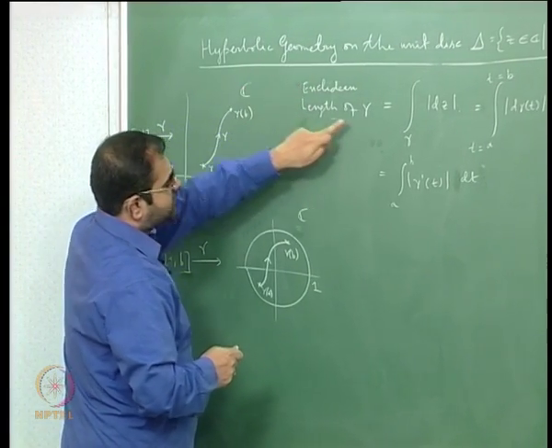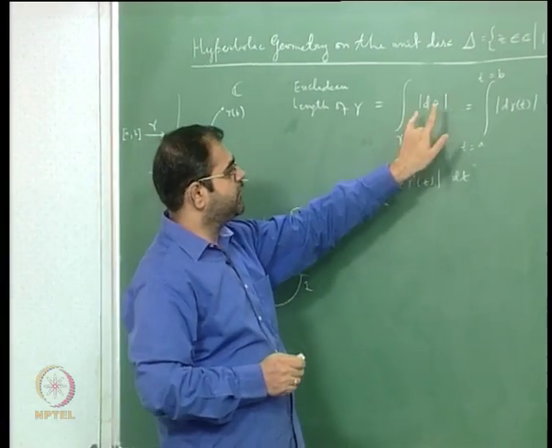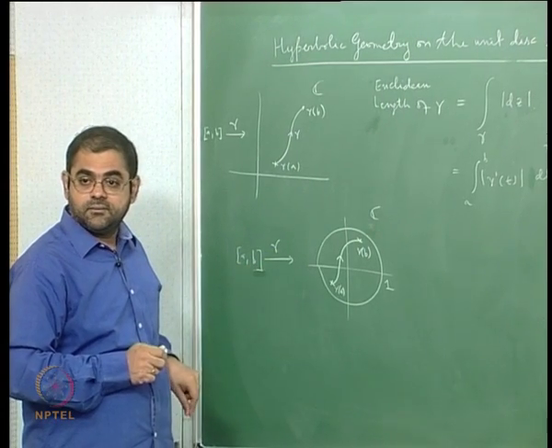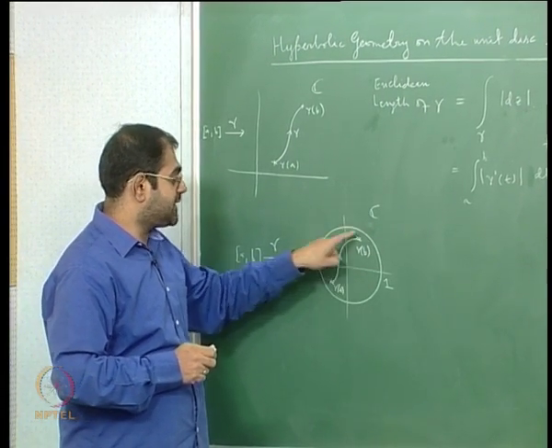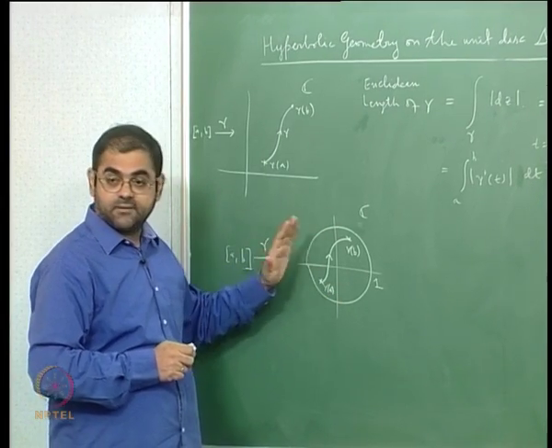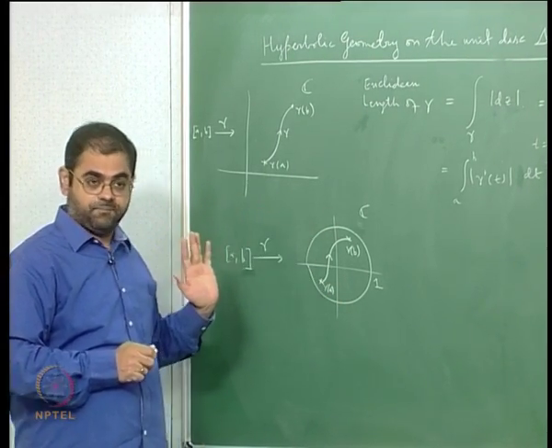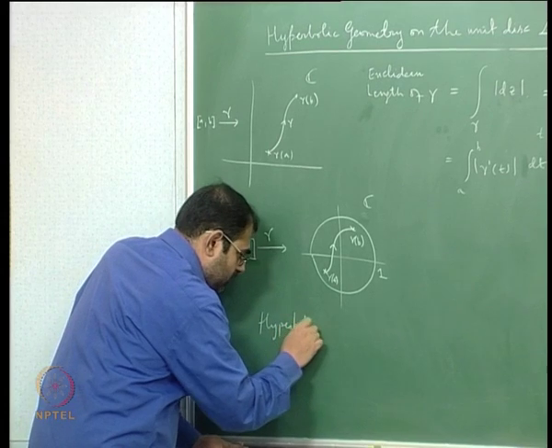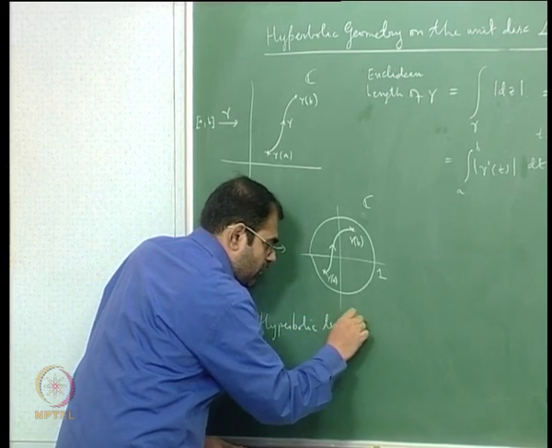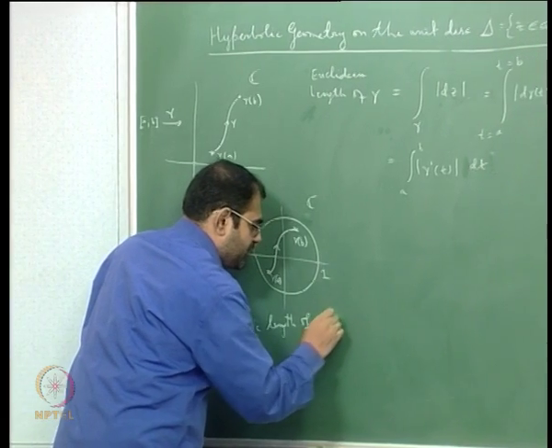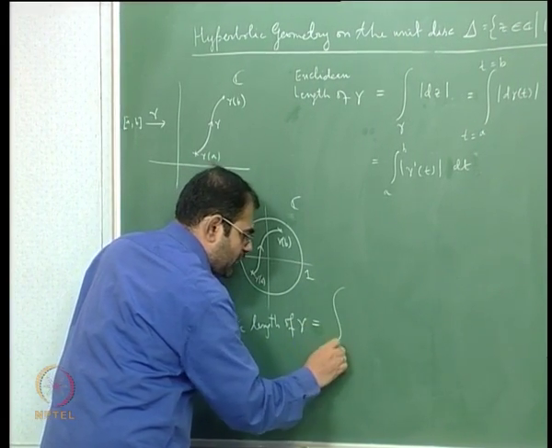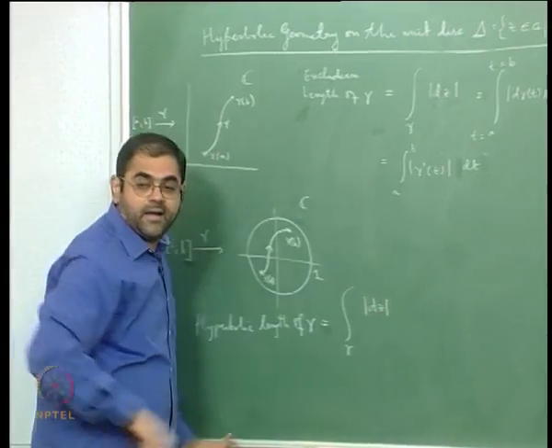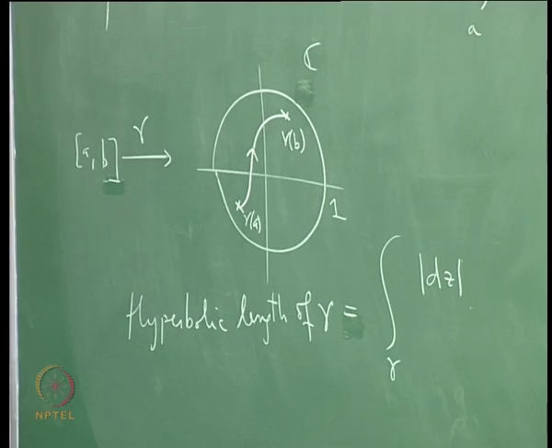Instead of defining the Euclidean length of gamma, where you integrate mod dz over gamma, I am going to define the hyperbolic length of gamma, and that is only in the special case when the path is a path in the unit disk, okay. So here is the definition. The hyperbolic length of gamma is also an integral over gamma.